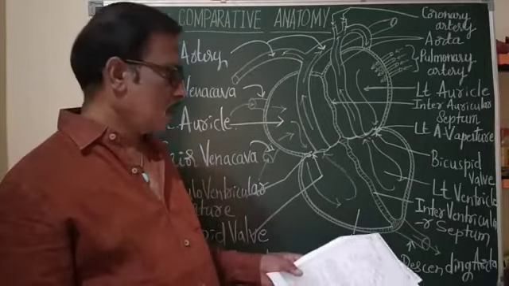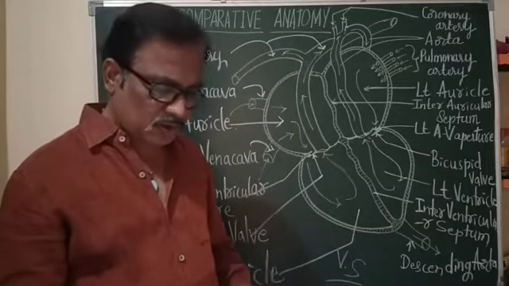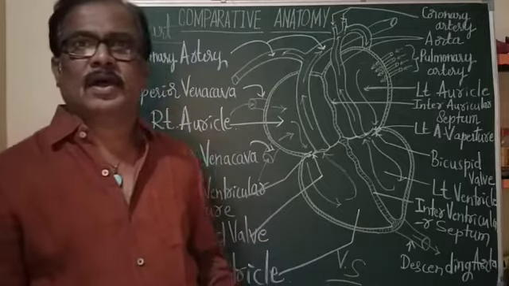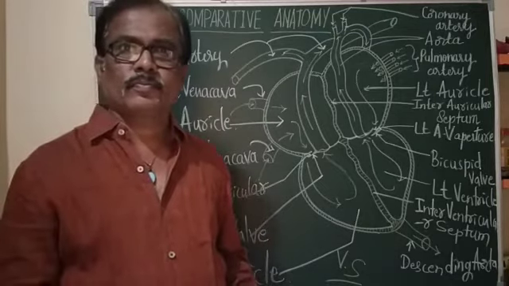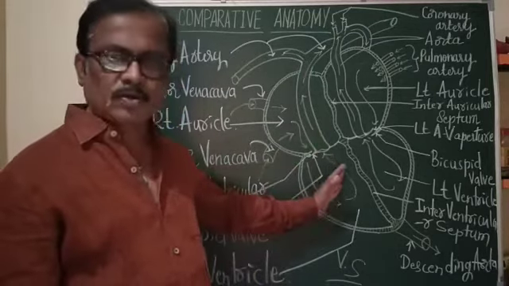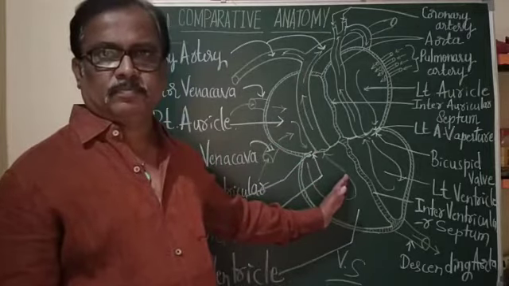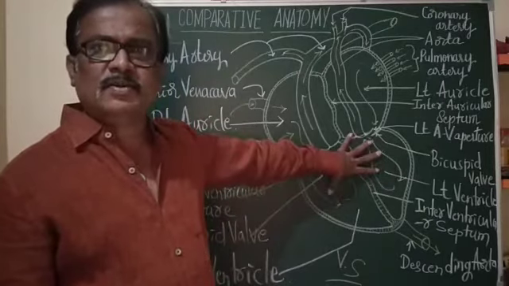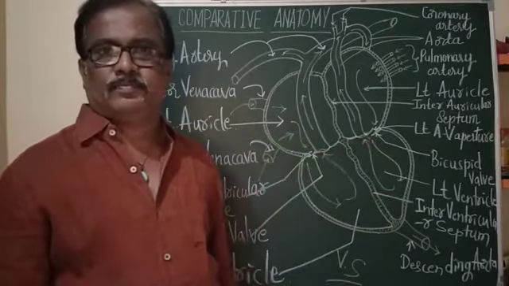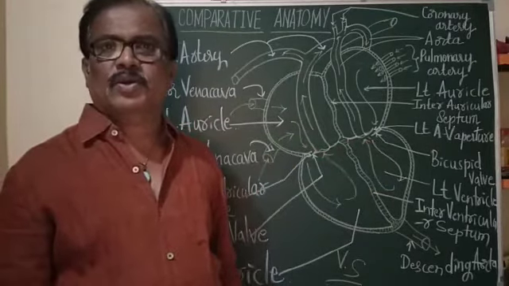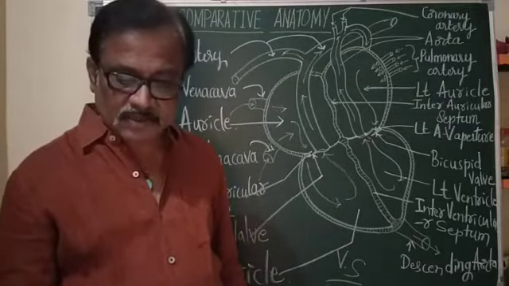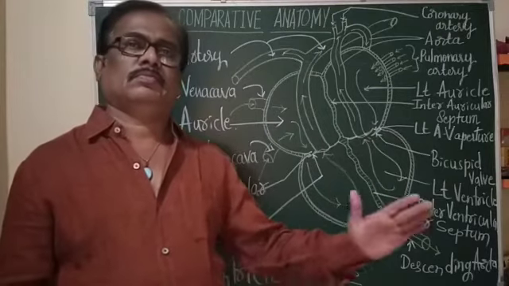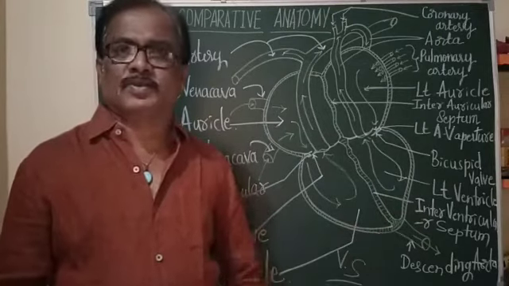About the structure of the heart, before that, see the size of the human heart. Length is about 12 centimeters. Width is about 8 to 9 centimeters and thickness is about 6 centimeters, in all human beings.